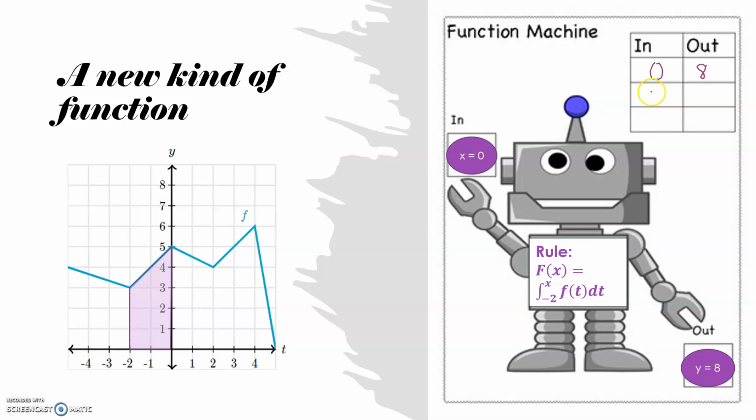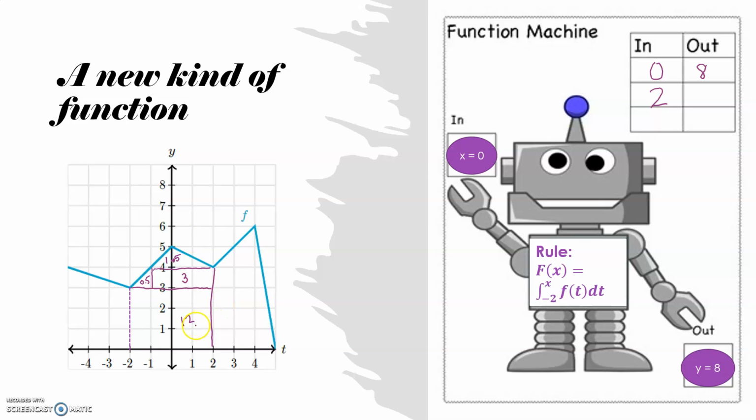Now imagine that x is equal to 2. Then I want the area from -2 to 2. So I want this rectangle here, which is a 3 by 4, so I want 12. Here's a 1 by 3 rectangle, so 12 plus 3. Here's a half, and here's 1.5.